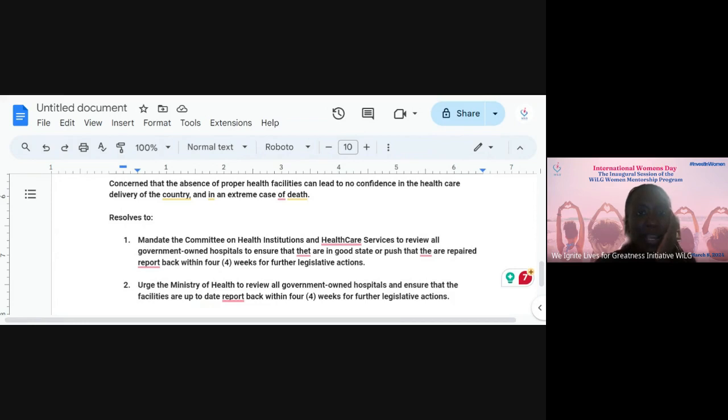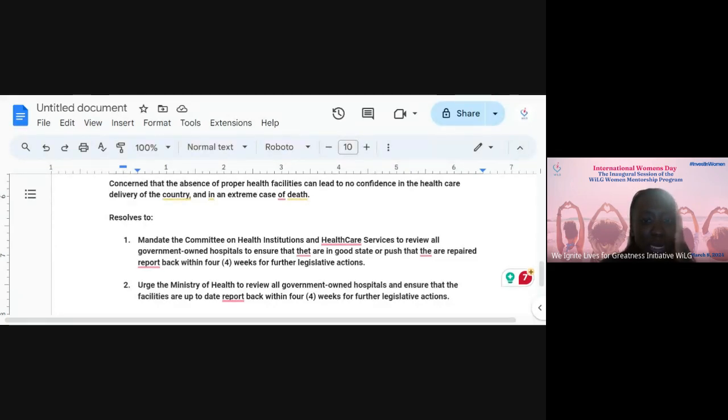So you see here, it states, mandate the Committee on Health Institutions to investigate the collapse of the drug revolving fund scheme, verify facts, and report back.